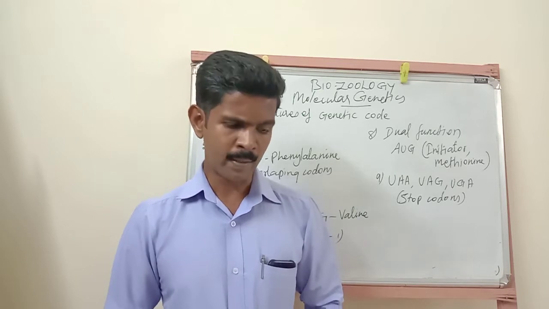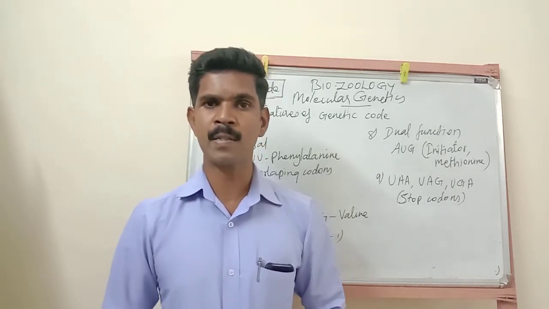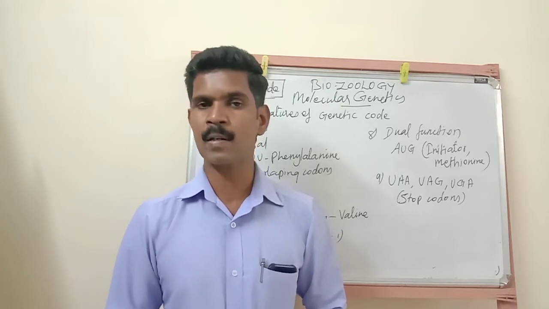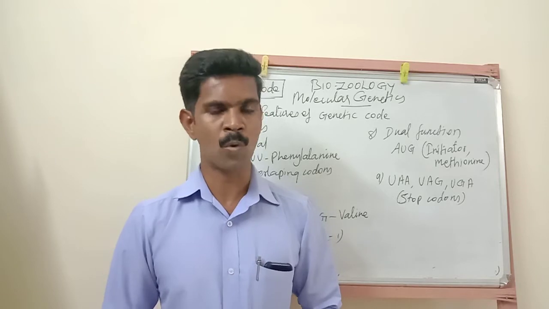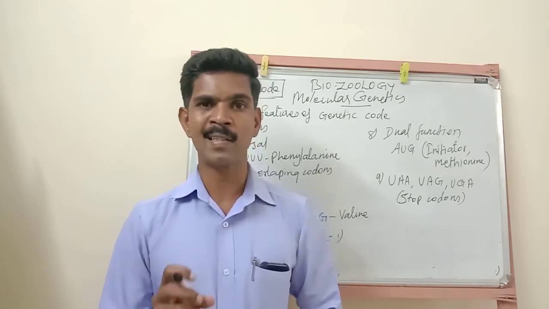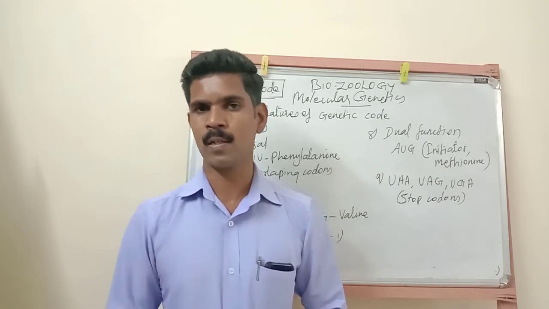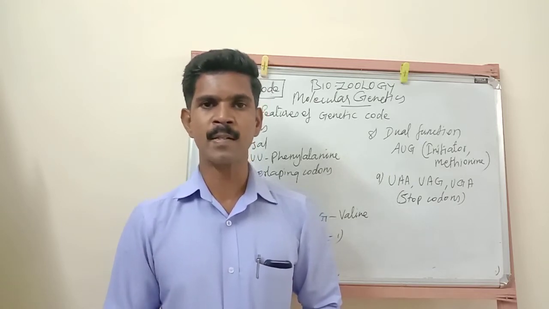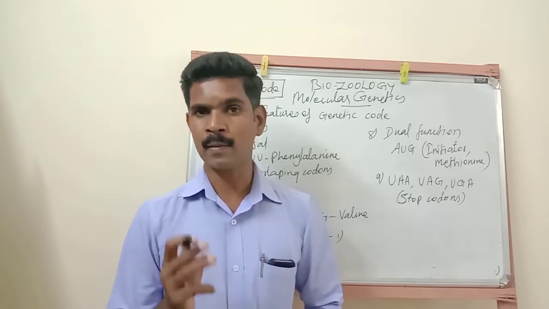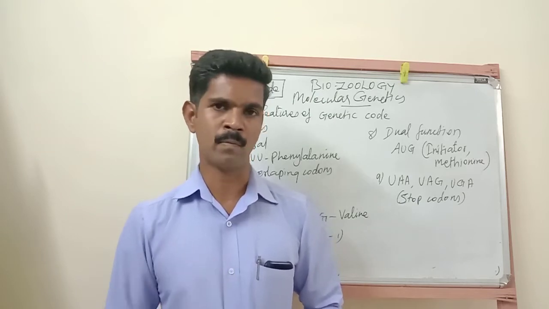Inside this DNA molecule, these genetic informations are written in a language, in a particular code. Mostly these codes are in triplet form. These codes are represented by capital letters, and three letters together form one codon.